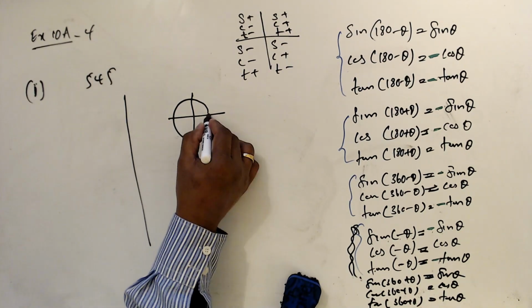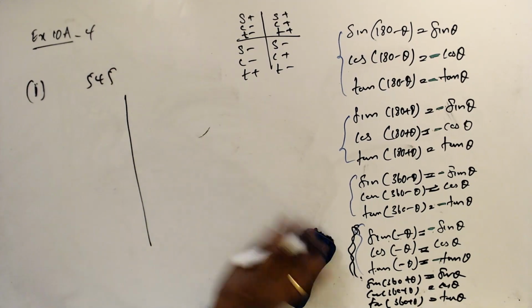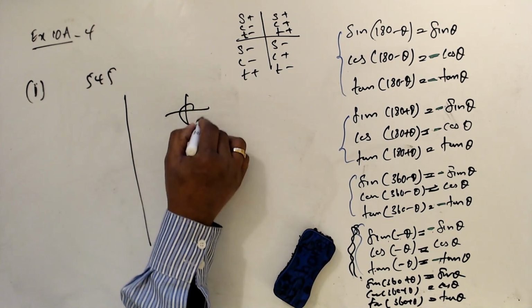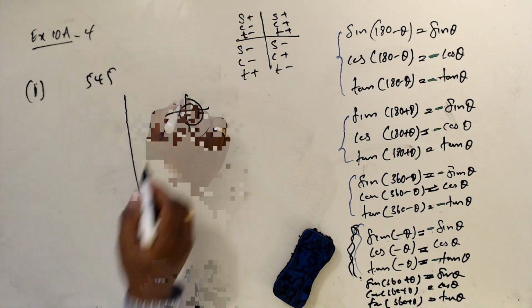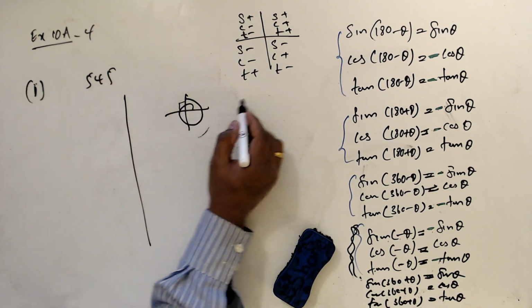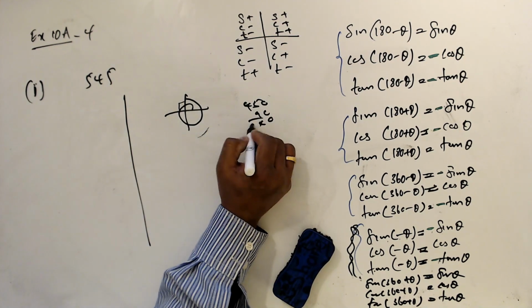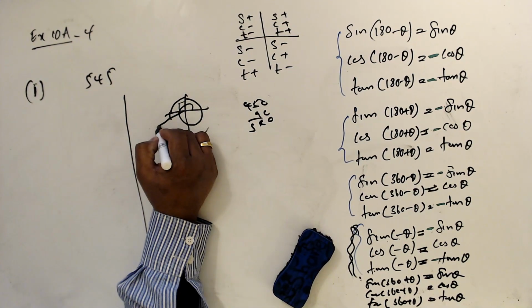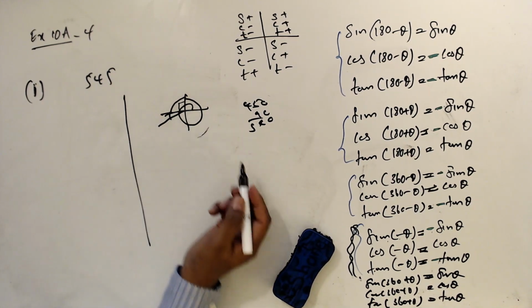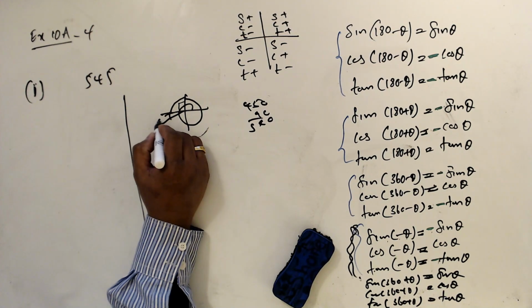Up to here 360, 450, and this is 90. 450 plus 90 is 540, up to here 540, and this one, so this angle is 5.